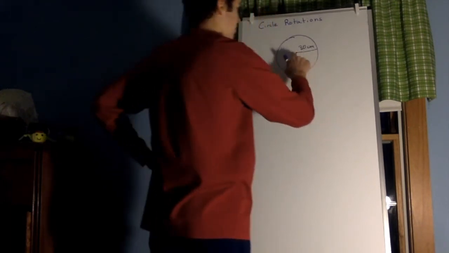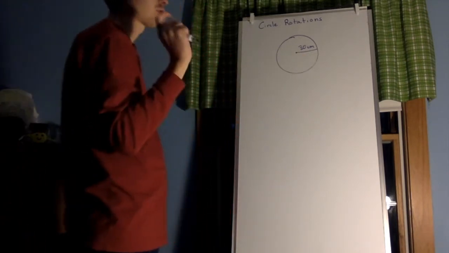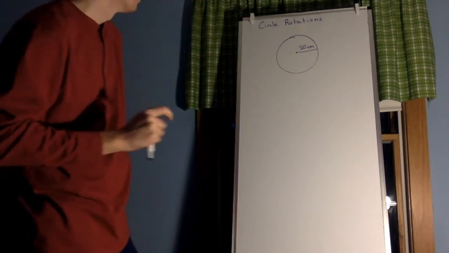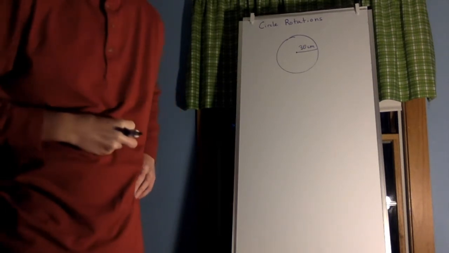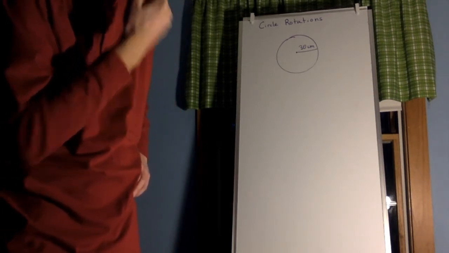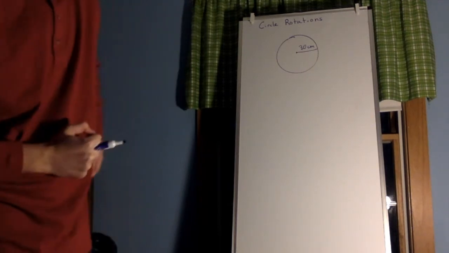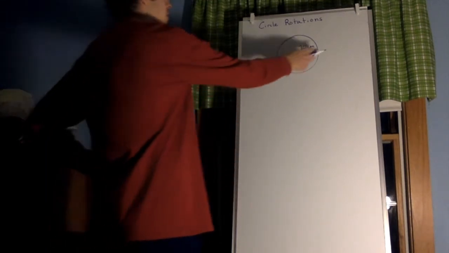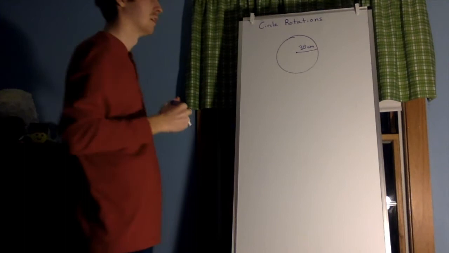Remember, our radius is just our distance from the center to one side, halfway across our circle. All right. And it asks us to find how long a trace of water will be along the ground if this rotates 3 full times.